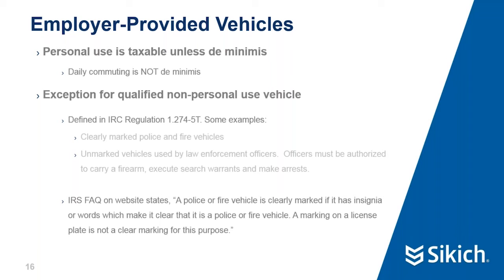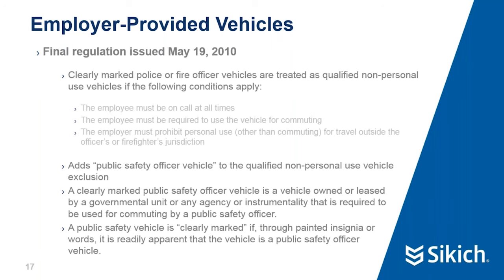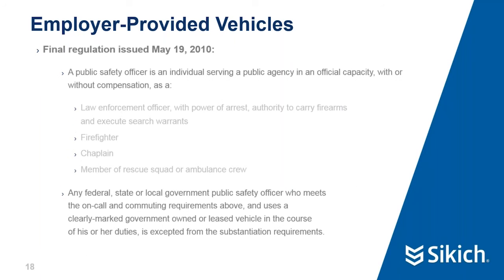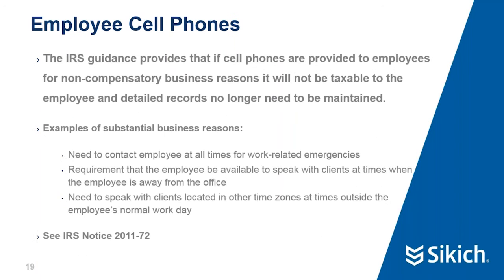So the next couple of slides give some very detailed facts from the IRS regarding when it is considered an employer-provided vehicle, if it needs to be taxable to the individual who is using that.